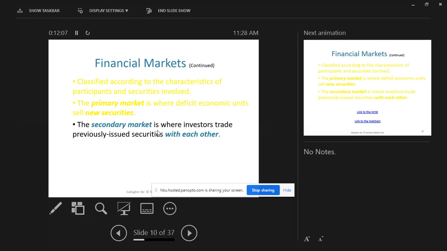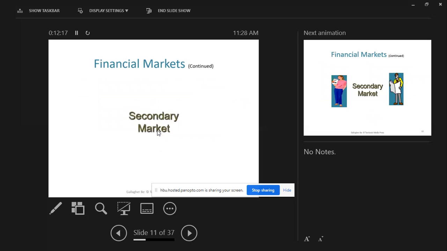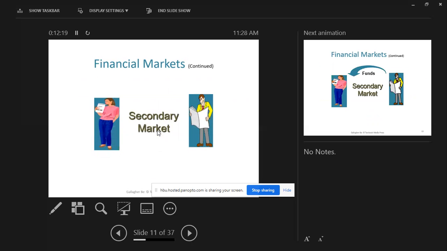It's just from Anthony to Carlos. You can see the funds move from one to another. There are no new issues, no new stocks issued.